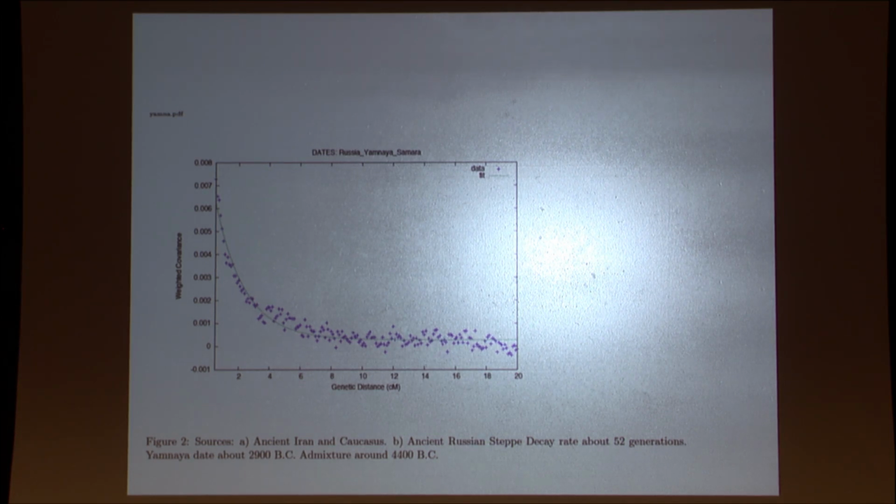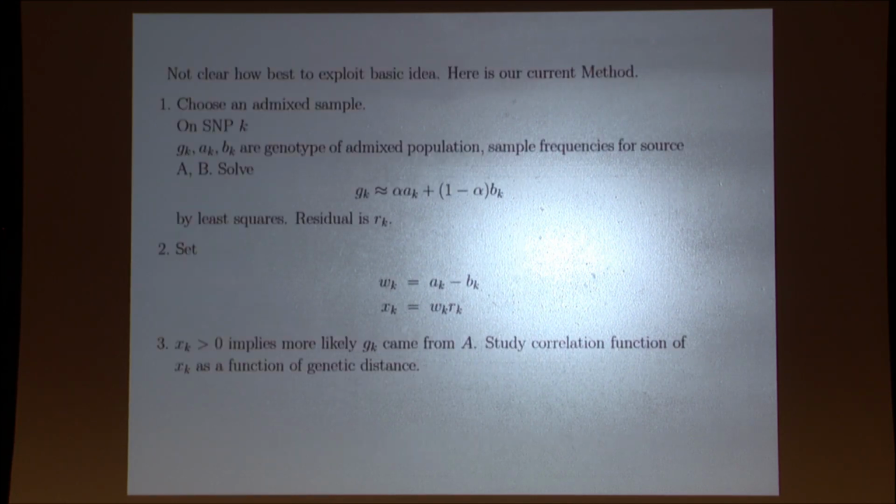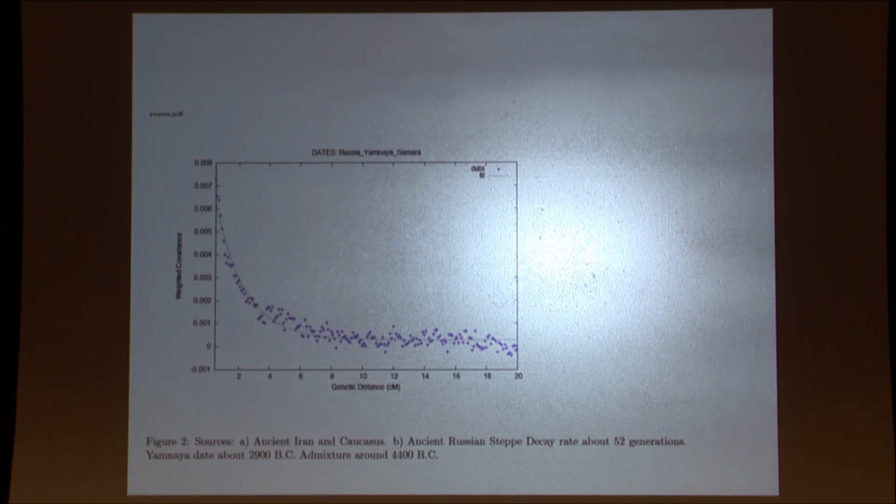It's pretty clear to me that whatever's going on, the Yamna form is an admixture from some populations that are coming up through the Caucasus that are genetically Iranian, and mixing with people who are already there. So you wind up with this. I'm going to tell you in the next slide exactly what we're looking at here.